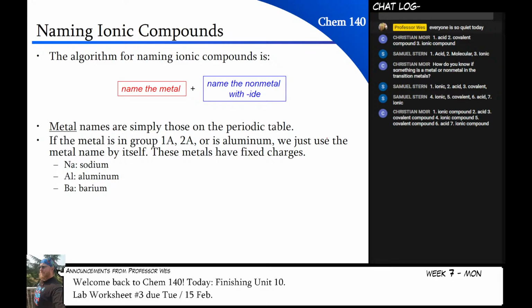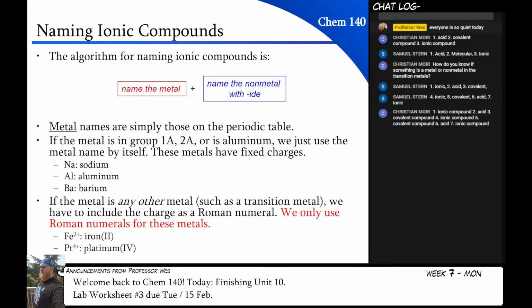If your element is not one of these fixed charge elements, then what we call it is a variable charge element. A variable charge element needs to have its charge indicated, and the way that we do that is we use Roman numerals.